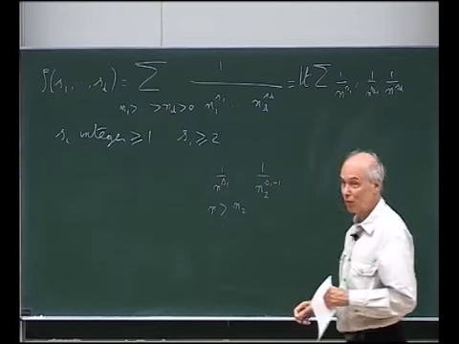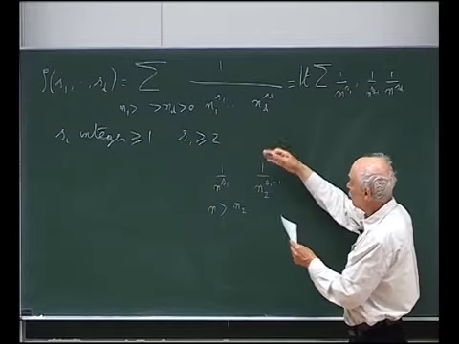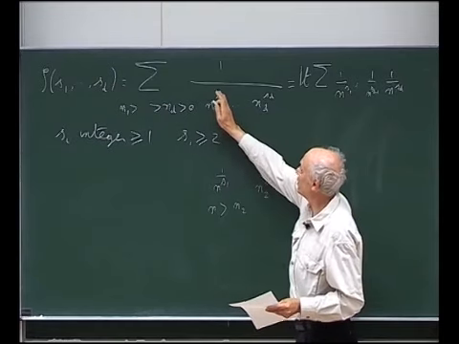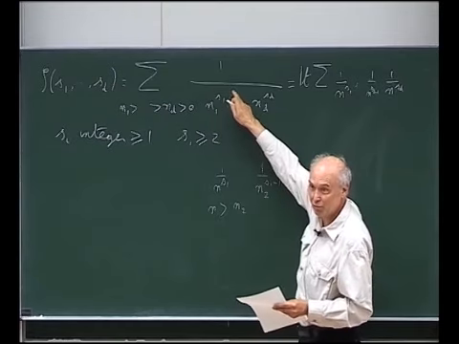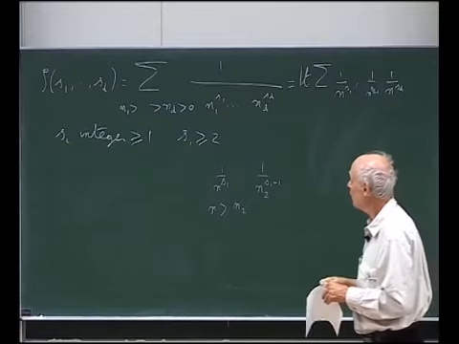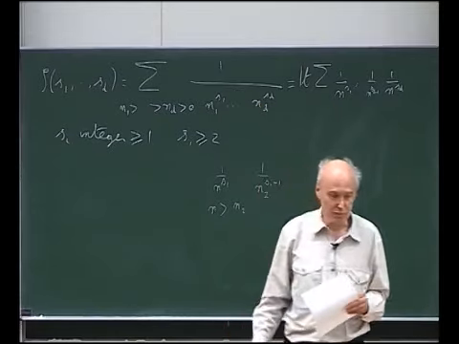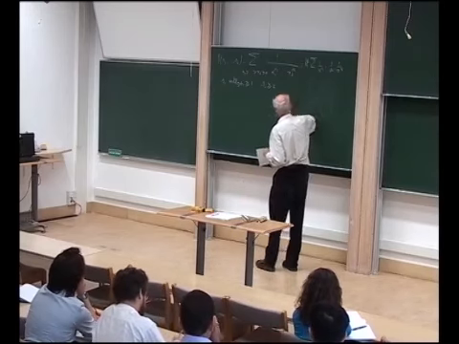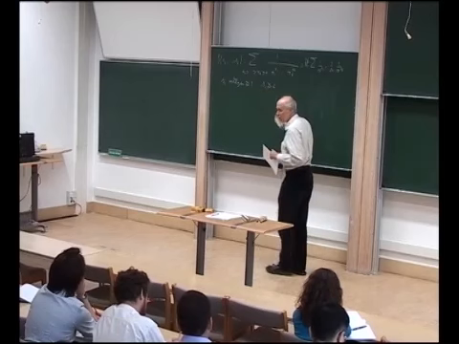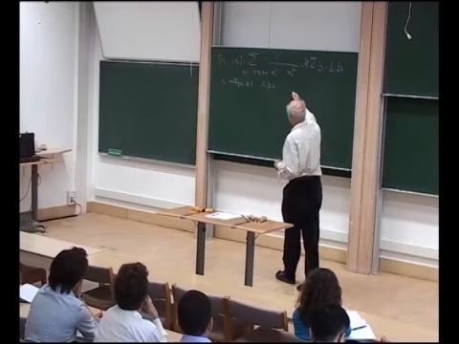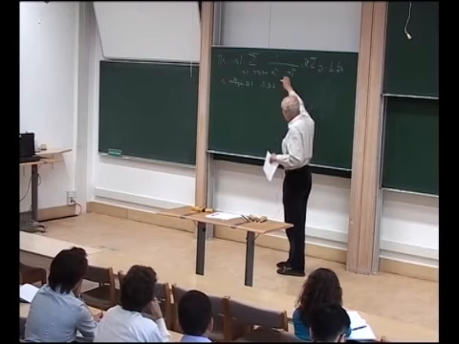And so you get something which is of order of magnitude 1 over n2^(S1-1). And so you see that as far as convergence is concerned, you can drop the first and replace S2 by S1 plus S2 minus 1, and so on. So this is really the condition for convergence.